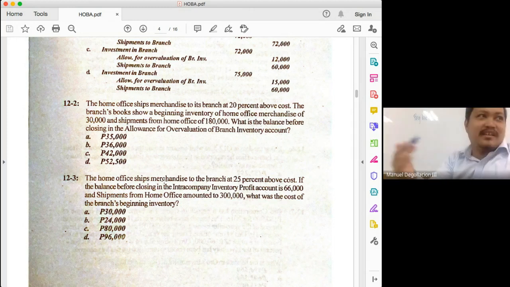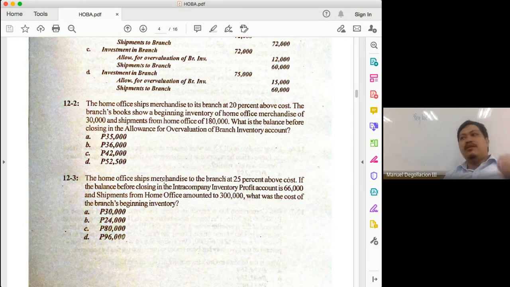I will just say it, then you just write it down. Plus the beginning balance of the allowance account. The beginning balance of the allowance account represents the markup on the beginning inventory of the branch.